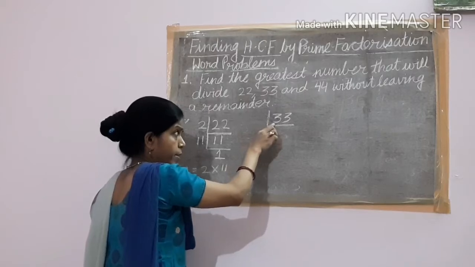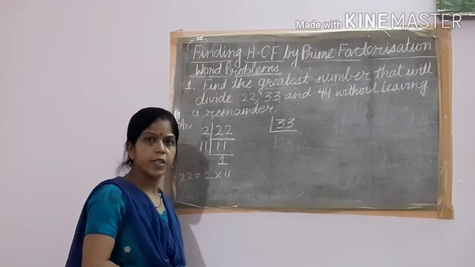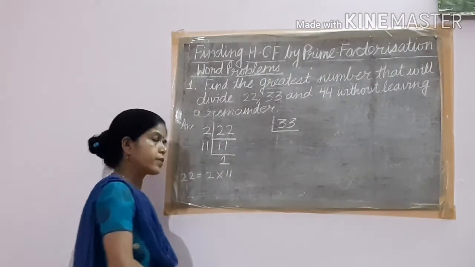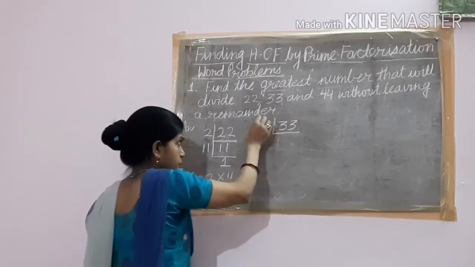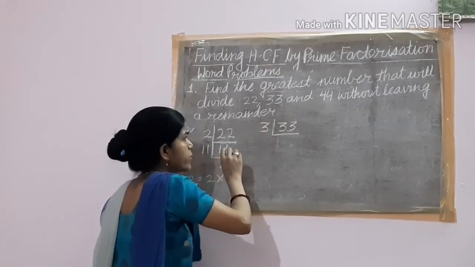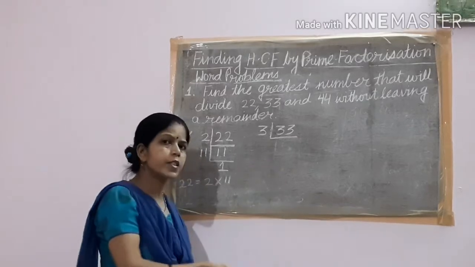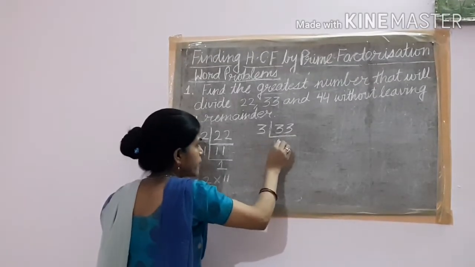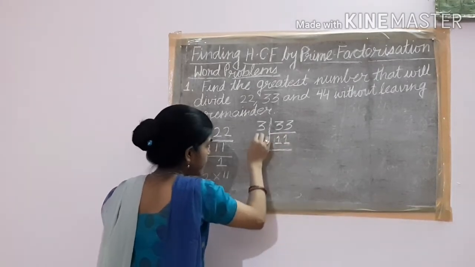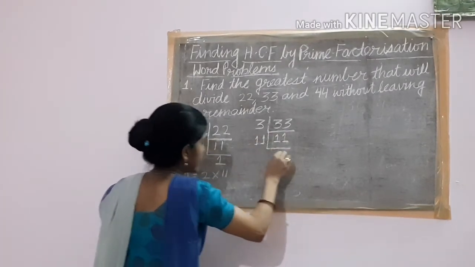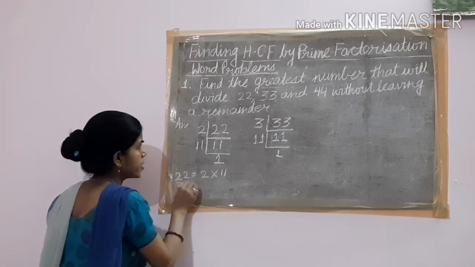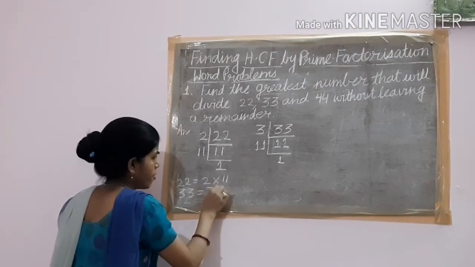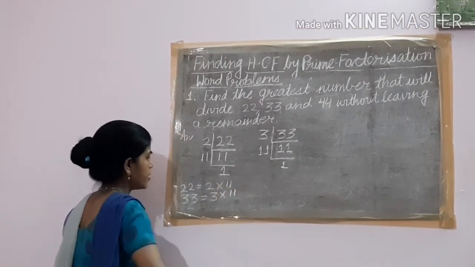Is this number divisible by 3? 3 plus 3, that is 6. 6 is a multiple of 3, so this number is divisible by 3. So children, we are using what you have learnt in this chapter. So 3 ones are 3, again 11, so 11 ones are 11. So for 33, the prime factors are 3 and 11.